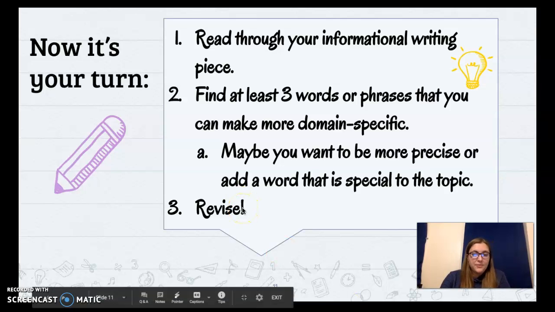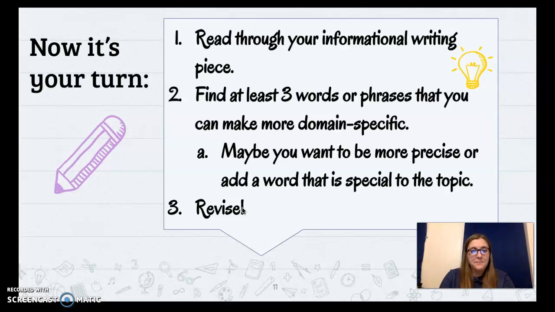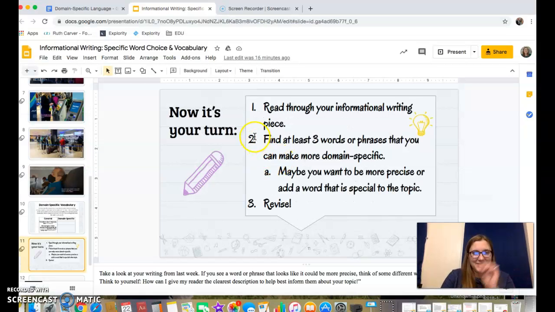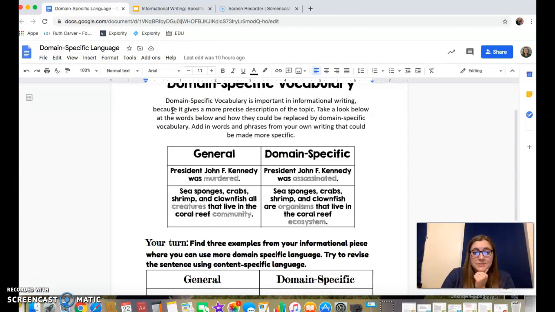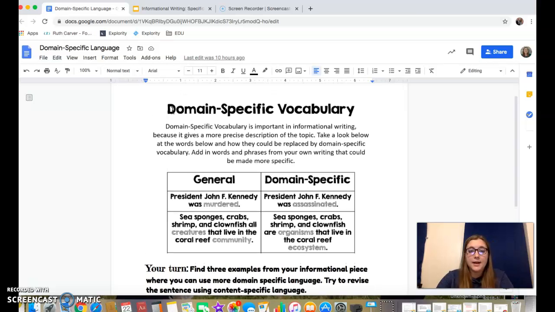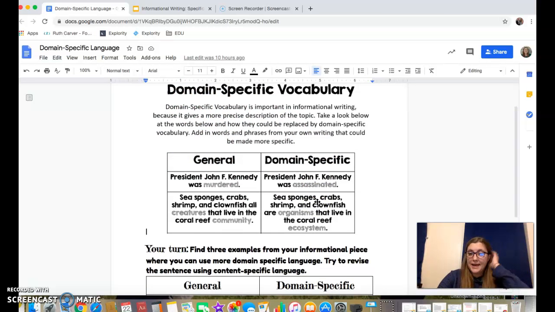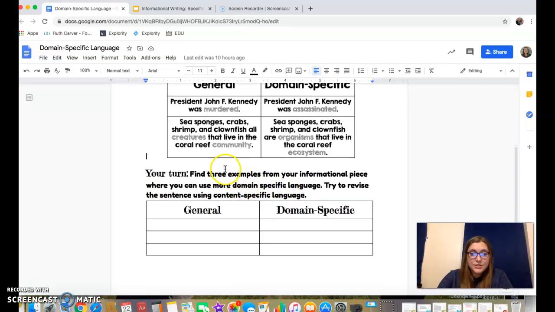All right, so once you guys have done that, well, that's not what I meant. I'm going to show you a paper that I made that's going to help you do that. So hopefully this is going to be able to be added to the Google post that's going to be with this screencast. And it has this example up here in case you want to look back at it. And then down here it says your turn.